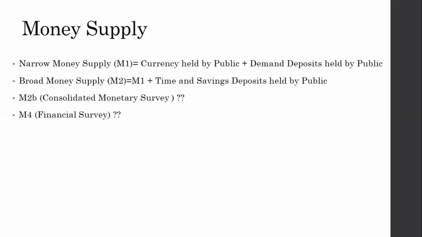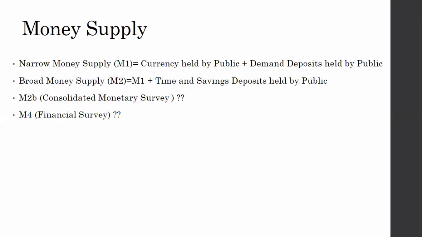M1 is calculated by adding currency held by the public with demand deposits held by the public in commercial banks.